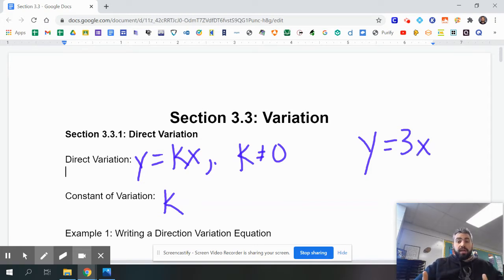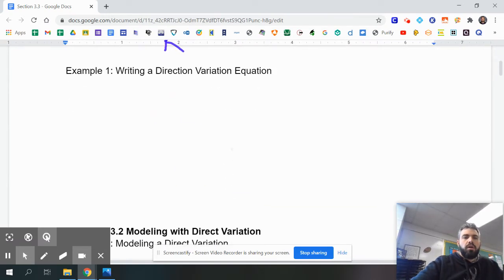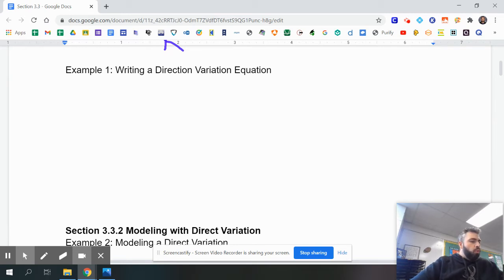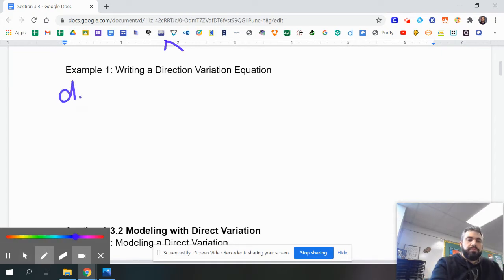Now, we don't always use x's and y's. We might use other variables as well. But let's take a shot at a problem. Okay, so we want to look at a problem that has direct variation, right? And so let's say that we have two values, d and g, okay?